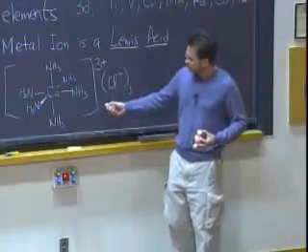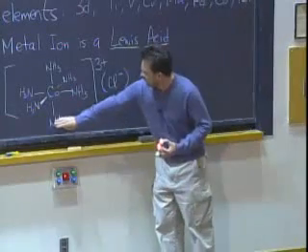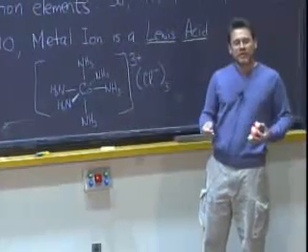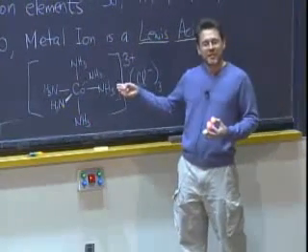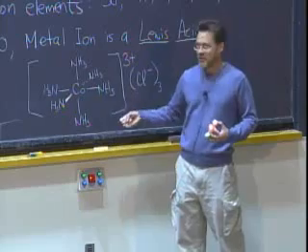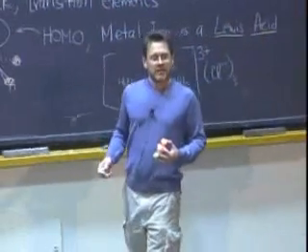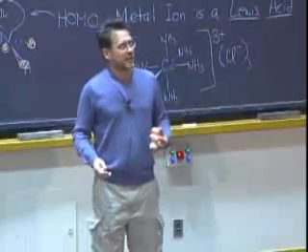Okay, so this locating of 6 nitrogens in an array in space that approximates a regular octahedron is what makes the octahedron such a central aspect of the theory of transition element chemistry.